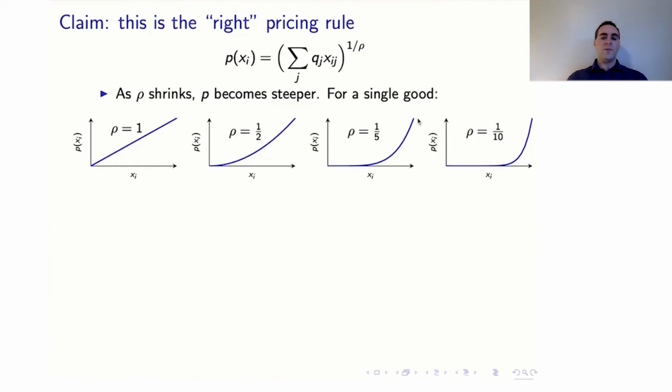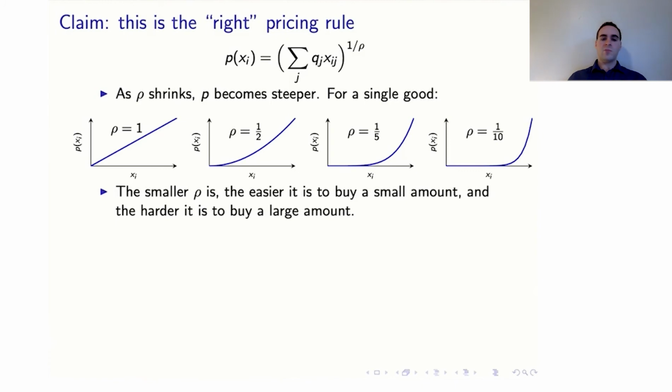So in this rightmost example, what's going to happen is probably all the agents are going to end up with bundles kind of around here, in a similar range. And this is one way to interpret the idea that as rho goes closer and closer to 0, we get more and more equality. In this case, we're talking about equality in the allocation.